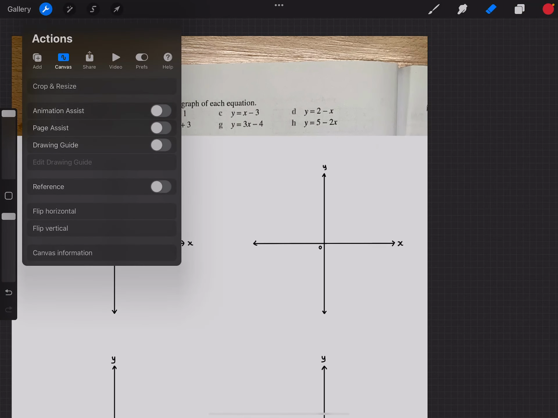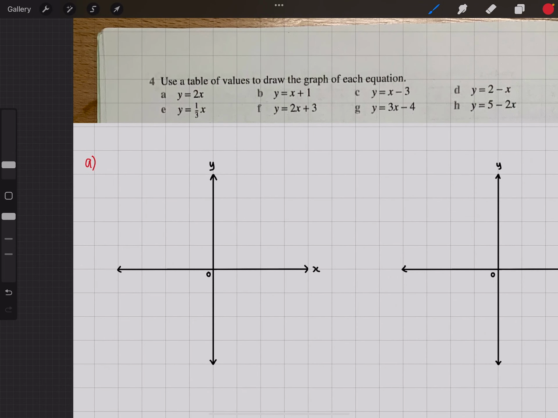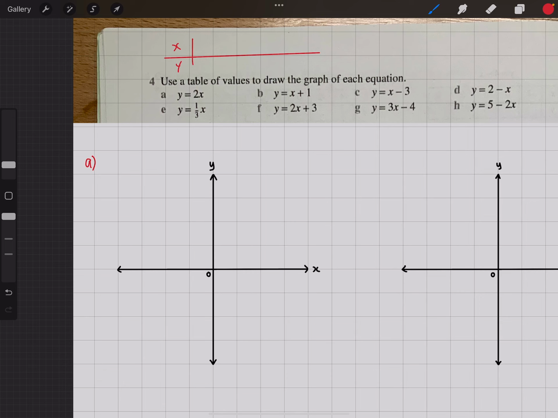Now y equals 2x. Alright, let's just do a quick table of values for the first one, A here. This is question A. Now, let's do a quick table of values. Alright, this is your x, this is your y.